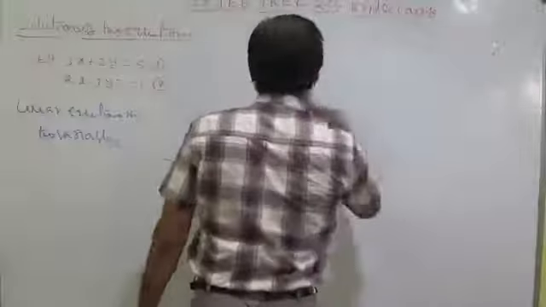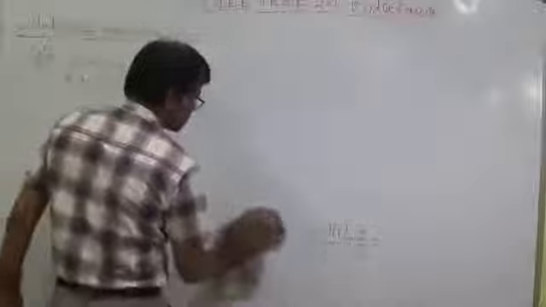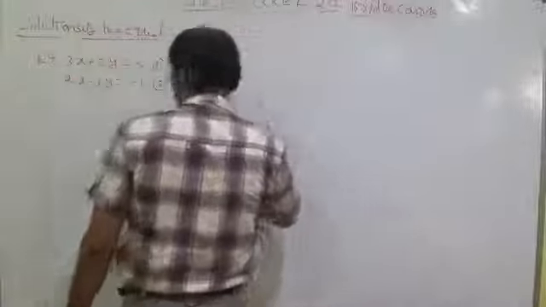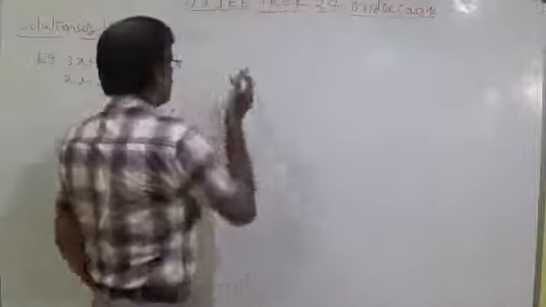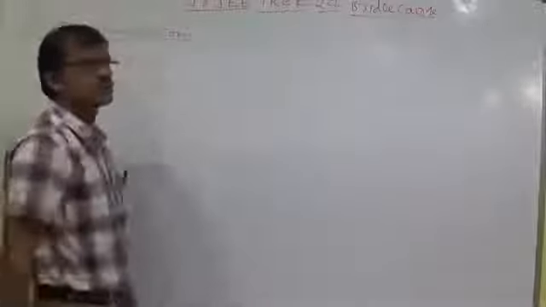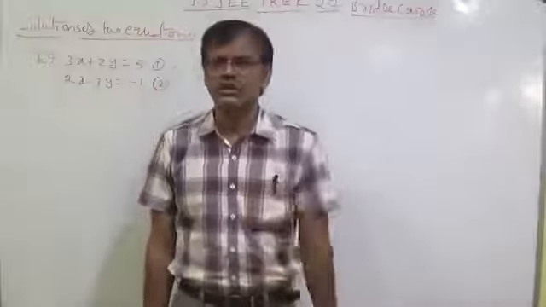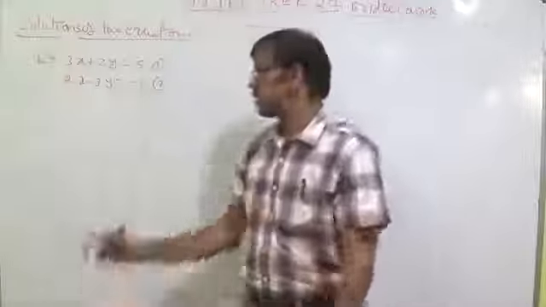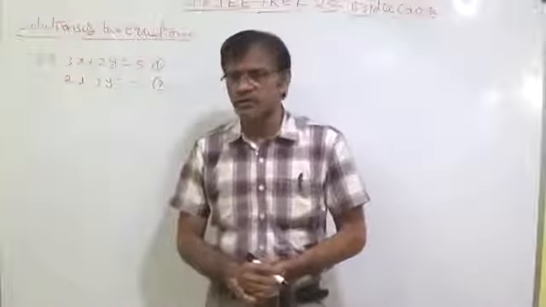This is the 8th class method. Let us know how many methods there are to solve the equations. One method we have learnt is called converting two variables into a single variable. 3x plus 2y equal to 5 and 2x minus 3y equal to minus 1 are given.